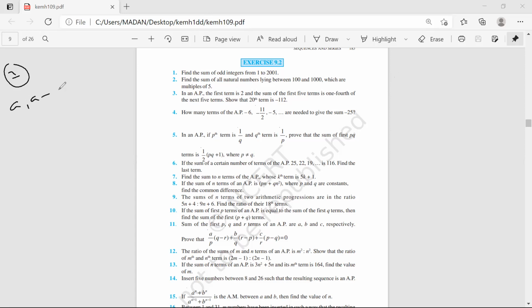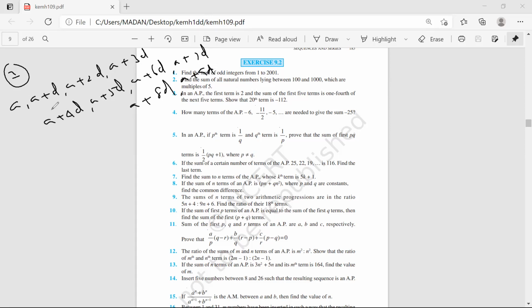A is the first term, A plus D, A plus 2D, A plus 3D, A plus 4D, A plus 5D, A plus 6D, A plus 7D, A plus 8D, A plus 9D.